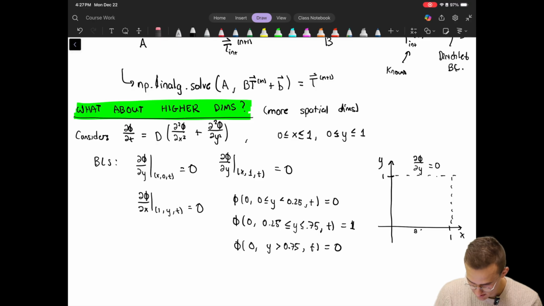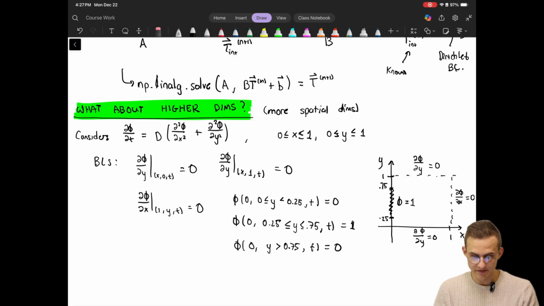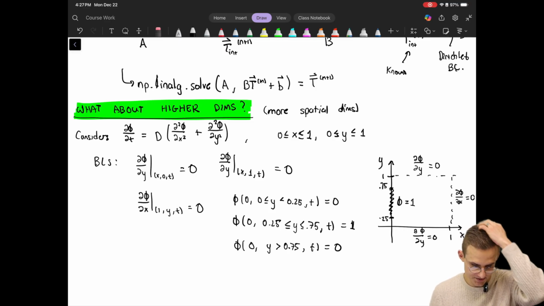D phi dy on the bottom is going to be equal to 0. D phi dx is equal to 0 over here. Okay, and then there's this region between 0.25 and 0.75 right here, where phi is held equal to 1. Okay, so that's what the domain looks like given these boundary conditions. Okay, so then let's just use forward time central space, right?